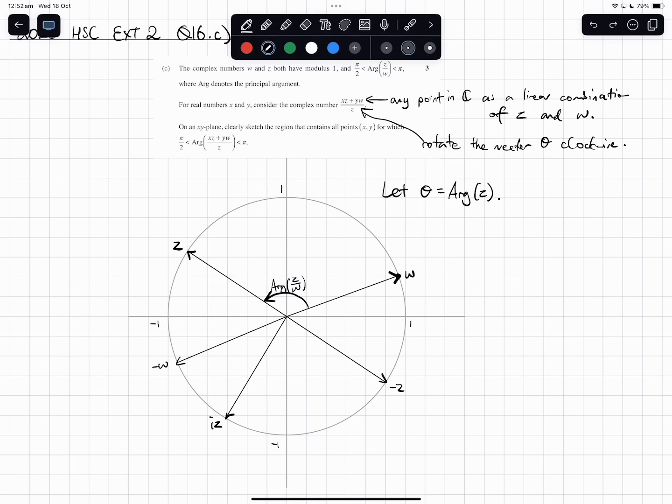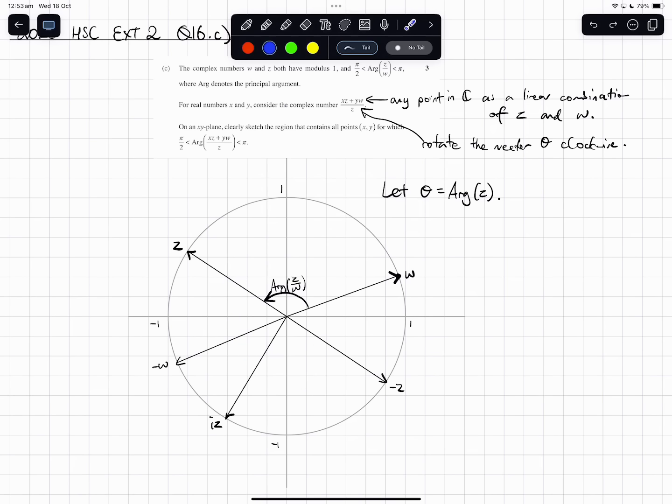And so that brings us to this diagram where I've drawn iz and negative z. If you think about it, this angle here for iz, if you rotate it by theta, you actually get to this line here. So this angle here is actually theta as well, and then this angle here is also theta.